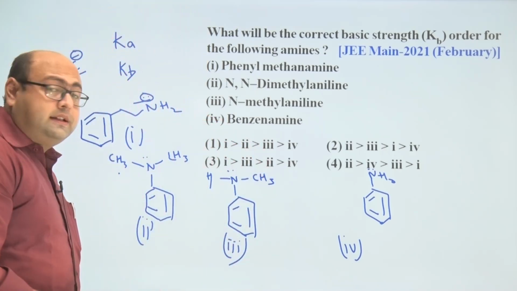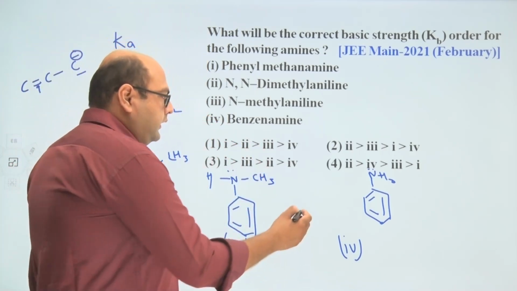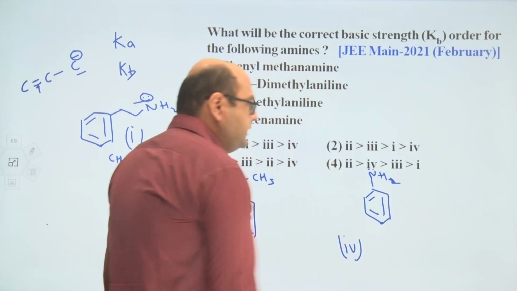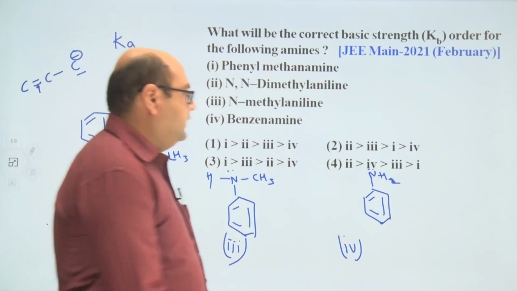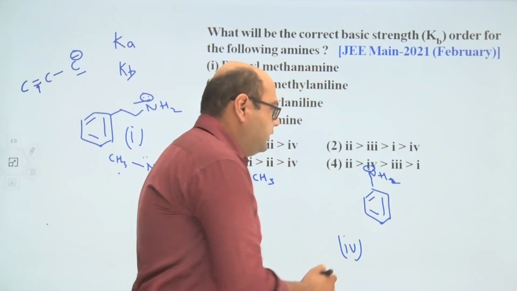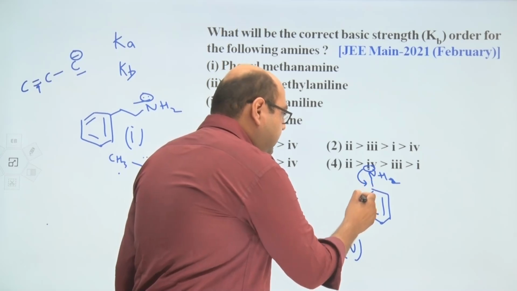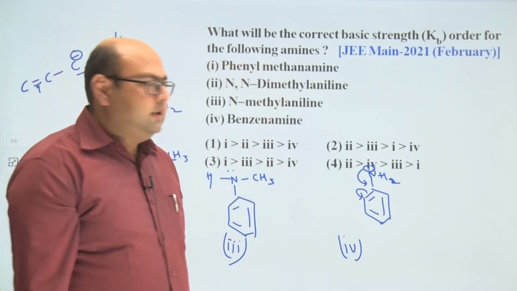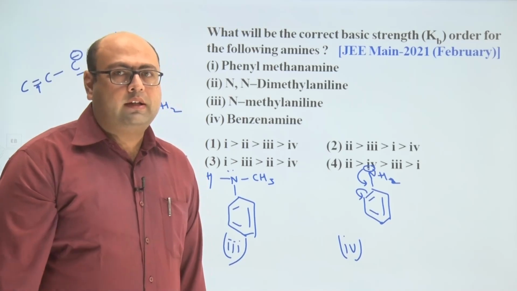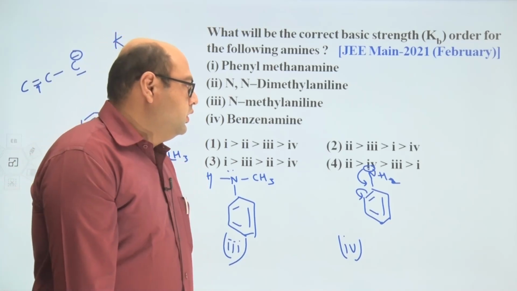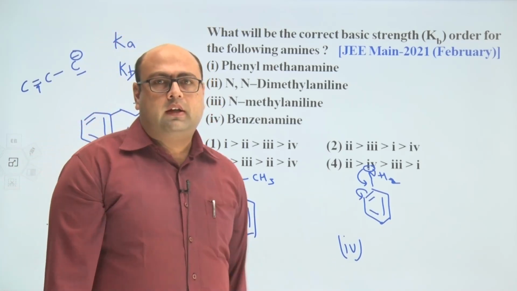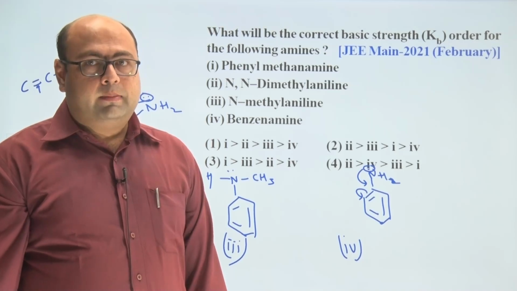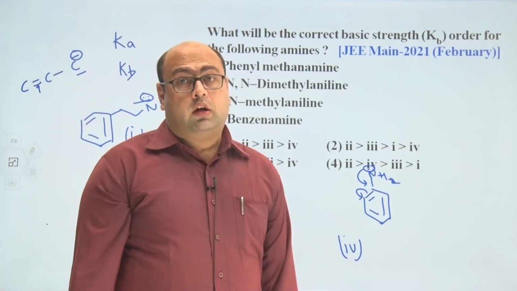Let's see the other compounds. In the fourth compound, aniline, the lone pair on nitrogen is completely involved in resonance with the benzene ring. So this lone pair is very little available on nitrogen for donating.